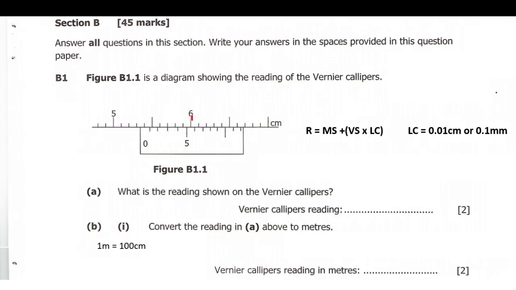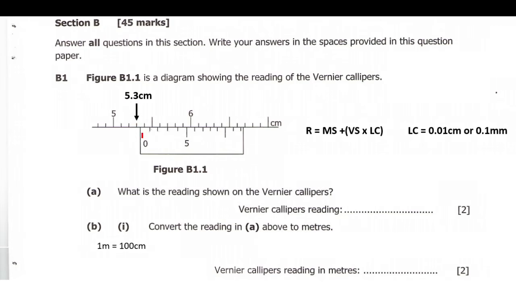Continue the same way until you reach here. Since we are supposed to read up to this line here, we don't need to exceed beyond this line. We have just to end here. So our value will be 5.1, 5.2, 5.3. So that's where we'll end. Our main scale will be 5.3.